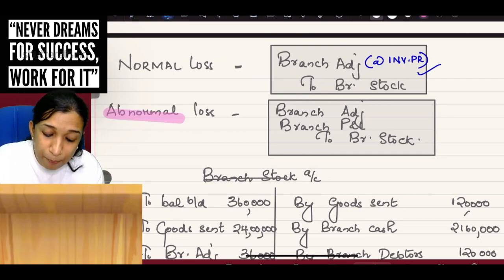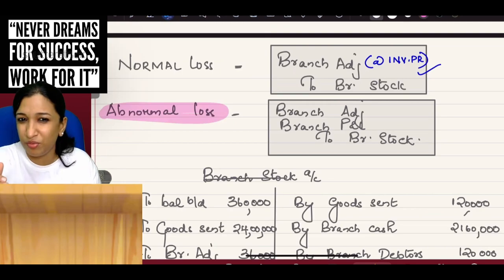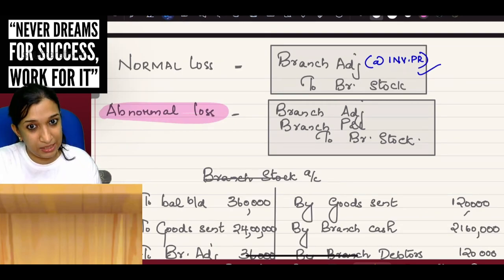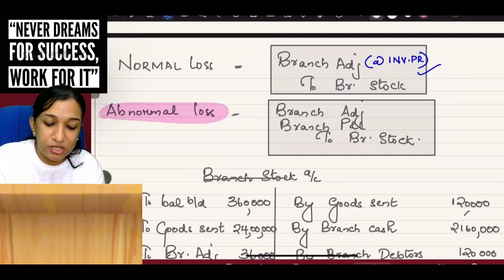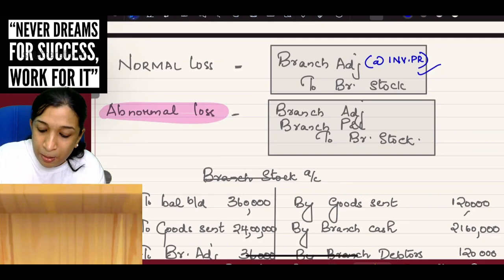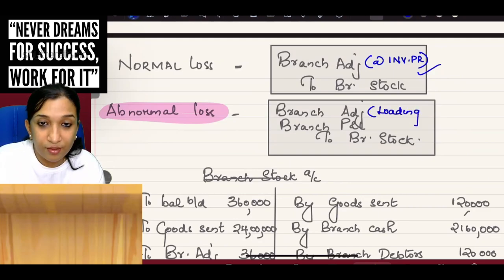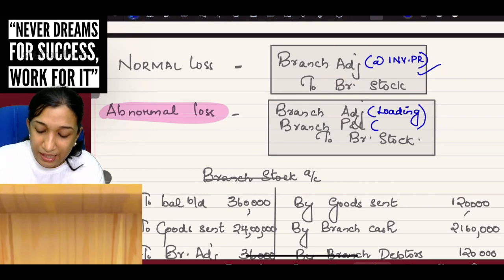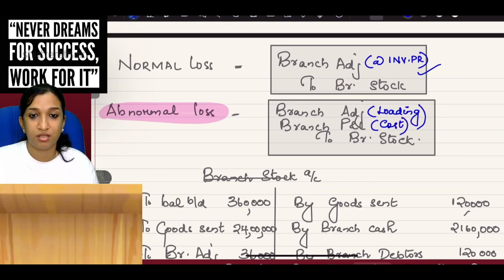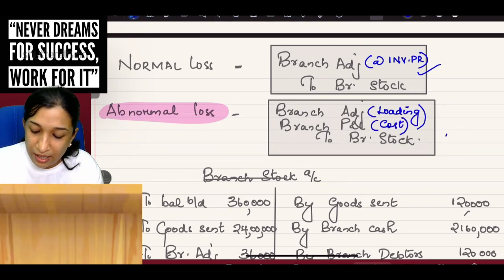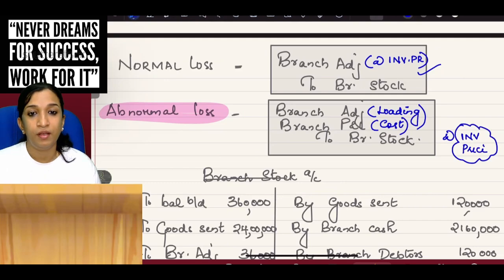Now, if there is abnormal loss of stock, shortage of stock, goods pilfered, goods missing, loss by fire, the journal entry should be branch adjustment with loading and branch P&L with cost, to branch stock at invoice price.